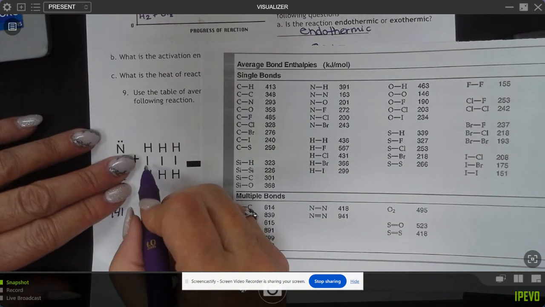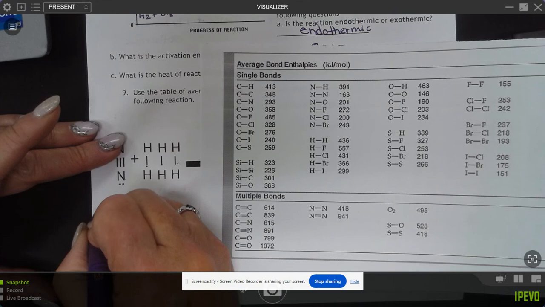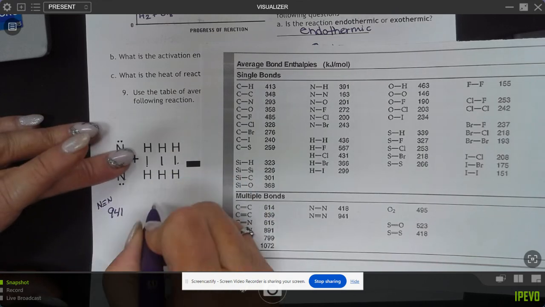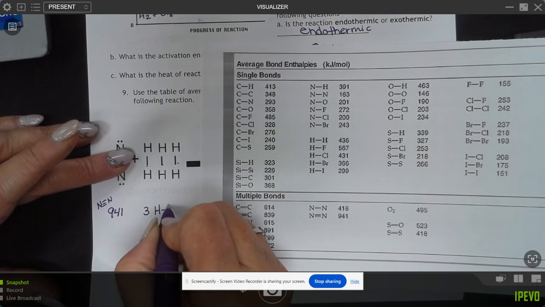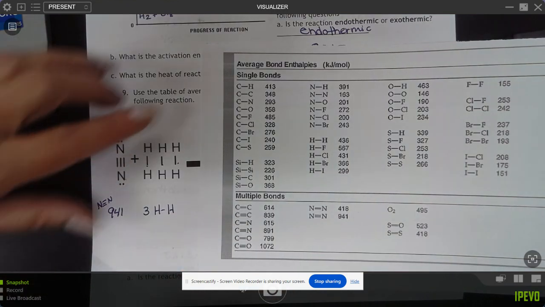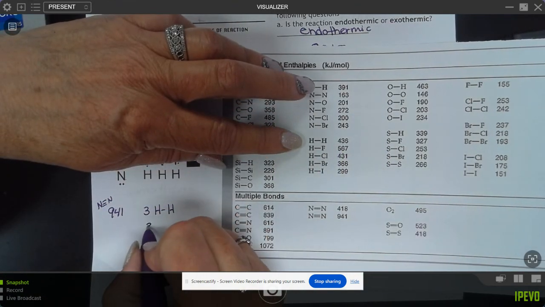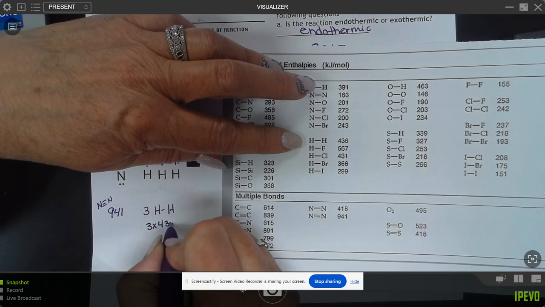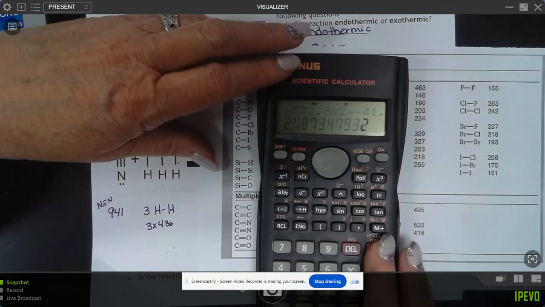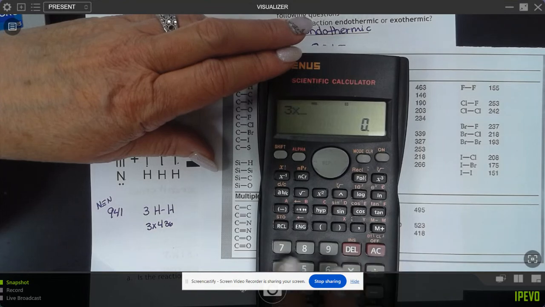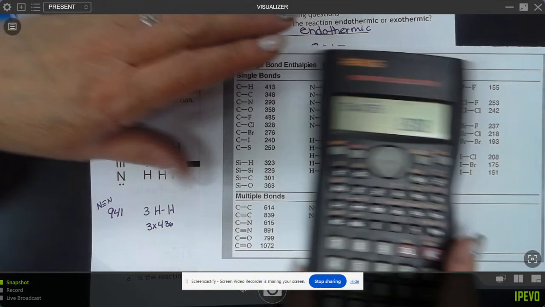And then I've got 1, 2, 3, so I'm going to write N triple bond N. I have 3 H triple bond H's. That's going to be 3 times 436. So let's just do that math real quick. 3 times 436 is 1308.